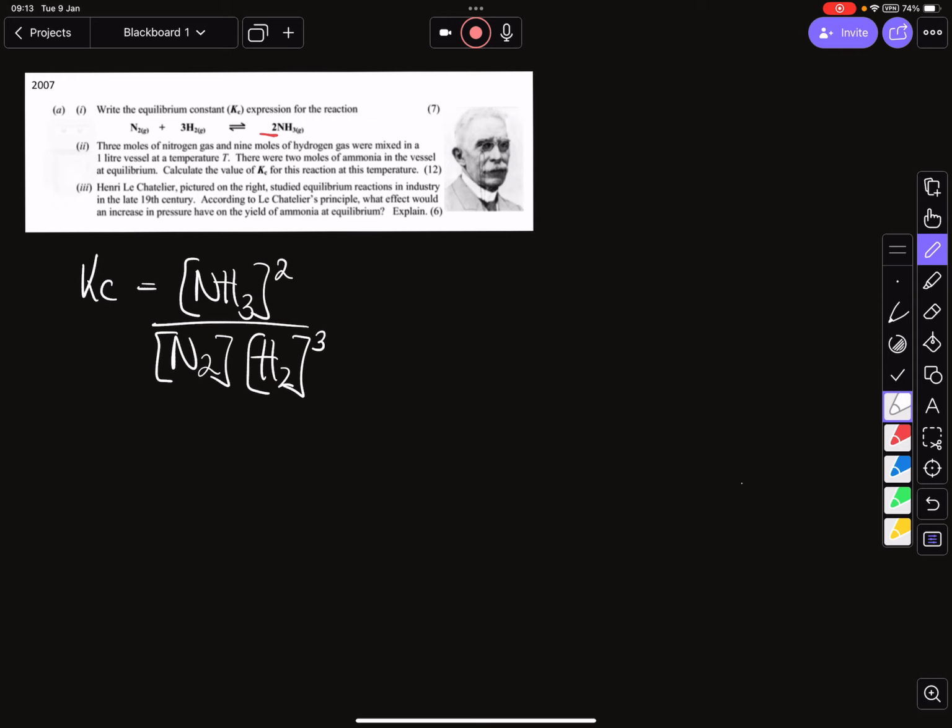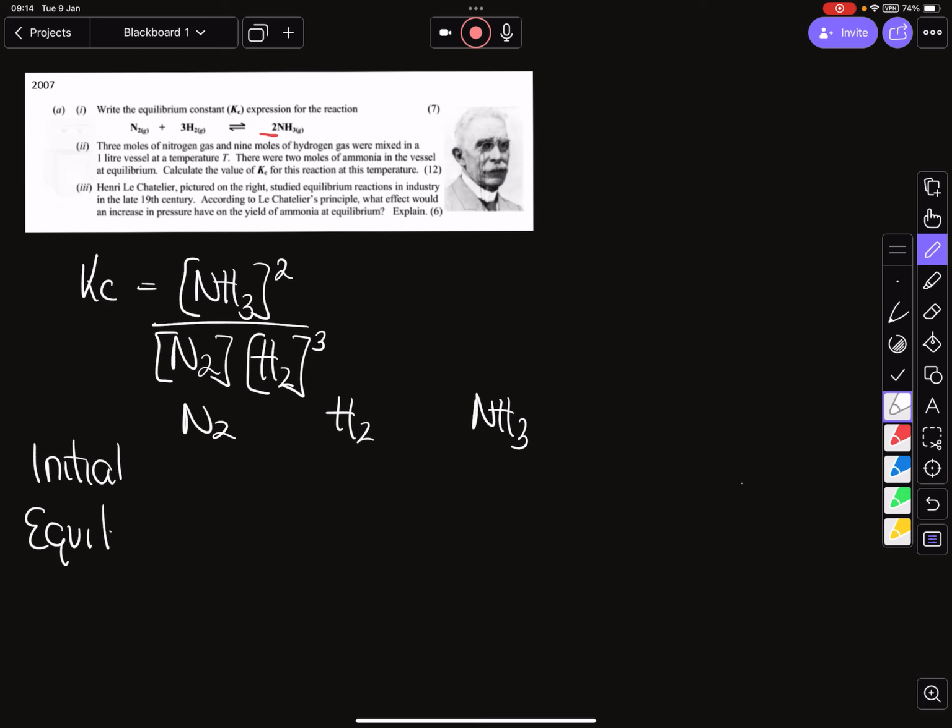The next thing that we do is we have to work out our initial concentrations and our equilibrium concentrations. So I always just write my reactants and my products here as column headers.